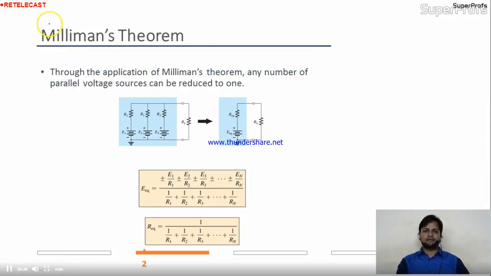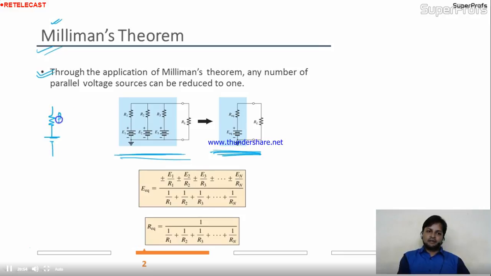Now Millman's theorem. Rarely used. Millman's theorem says, if we are having a complicated circuit like this, that complicated circuit we can replace by a single circuit like this. But the condition here, this is not like Thevenin's theorem. Here the condition is a branch like this, a single branch having one voltage source and one resistance element.